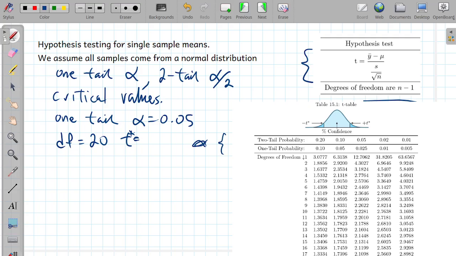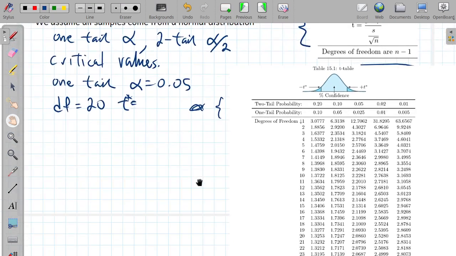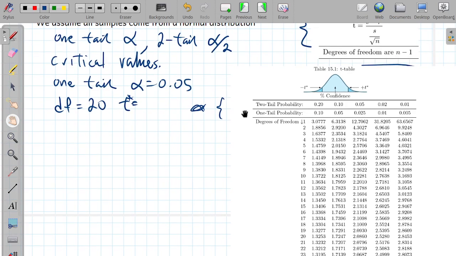Well, let's take a look at row 20, and 5%. So this is a one tail probability. Here is the one tail probability.